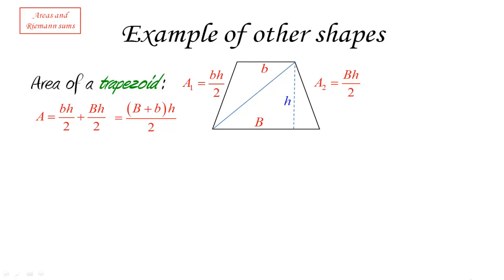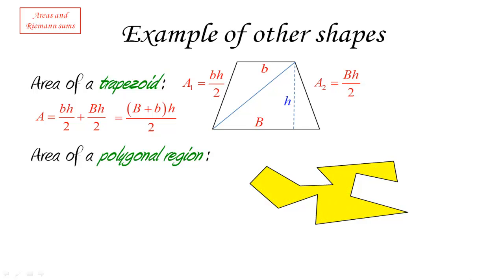Now we can continue with this kind of idea of splitting pieces, splitting a region into triangles, as long as we have what we call a polygonal region. What does that mean? A polygonal region is a region whose boundary is made up of a finite number of straight segments.